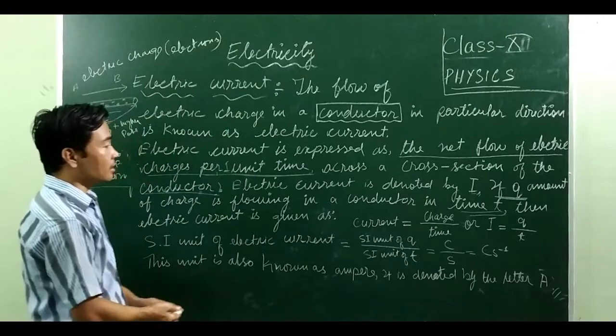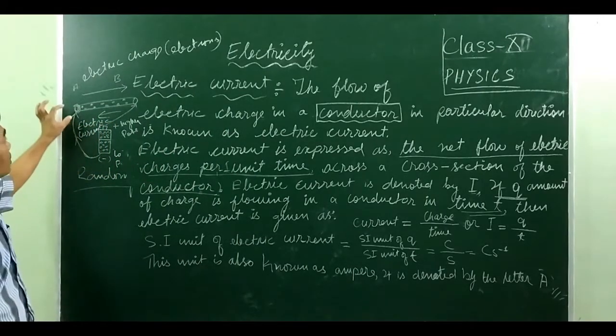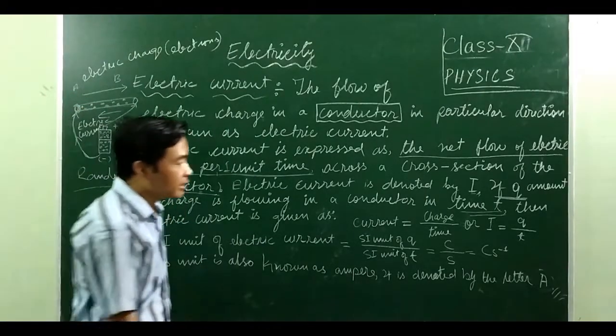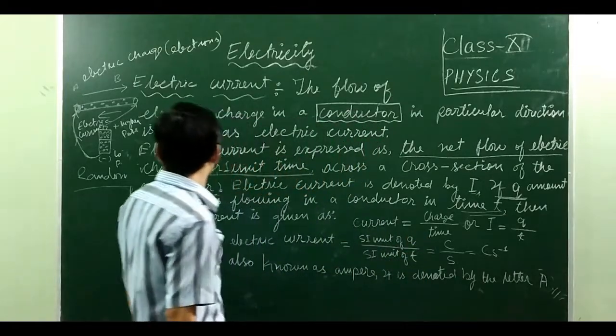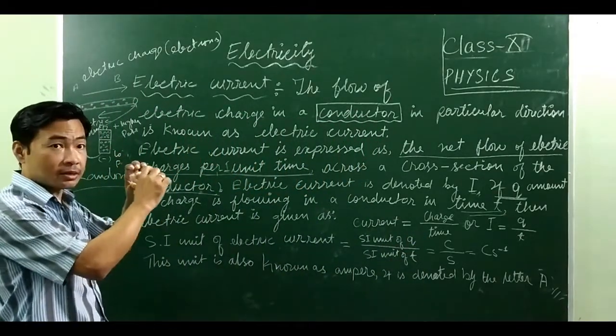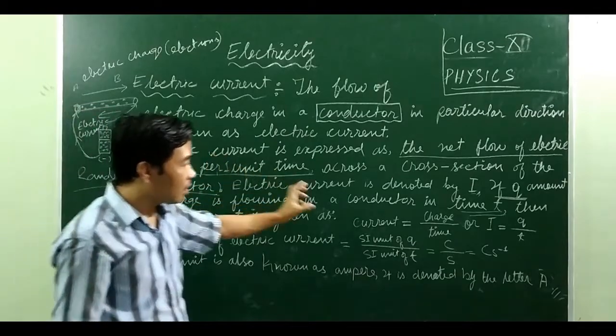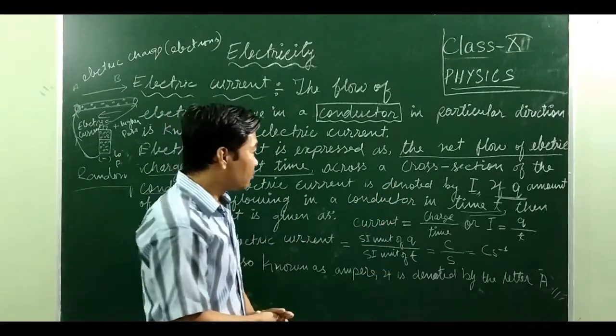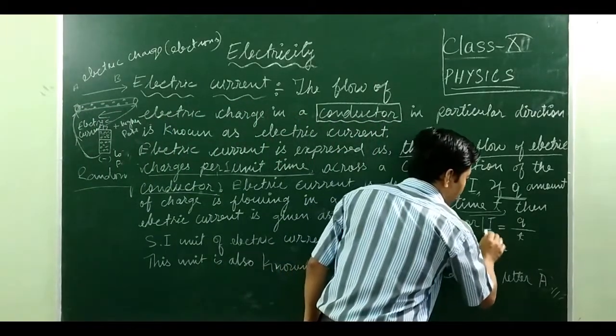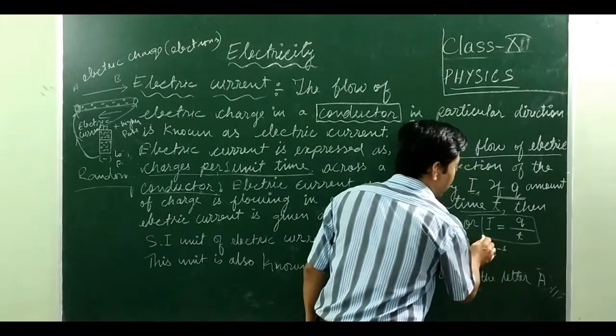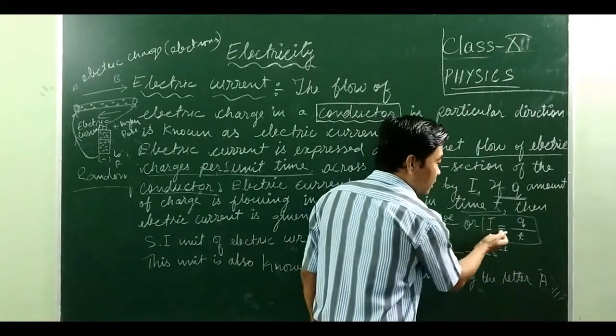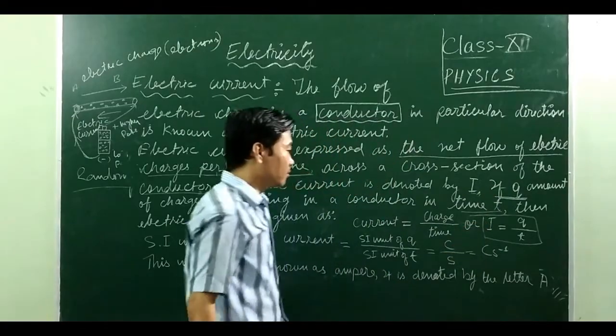So we can measure how much electric current is flowing by this formula. In 1 second in the cross section of this wire, how much charge is moving? That will determine the current flowing. So the formula is I equal to Q upon t.